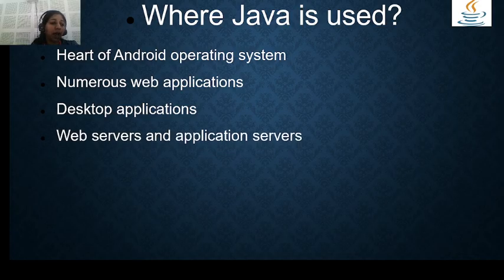Then web servers and application servers: Java can be used in web servers where it deals with web containers, and also application servers, that means JSP, servlet, command line interface, bean validation, EJB, JPA, JMS, and many other application servers are available in Java.